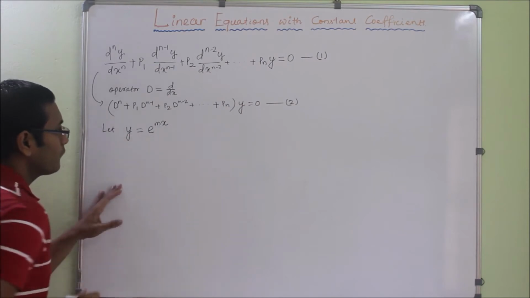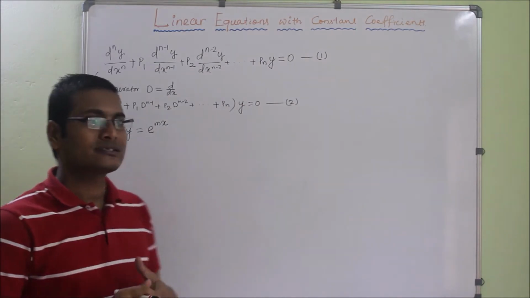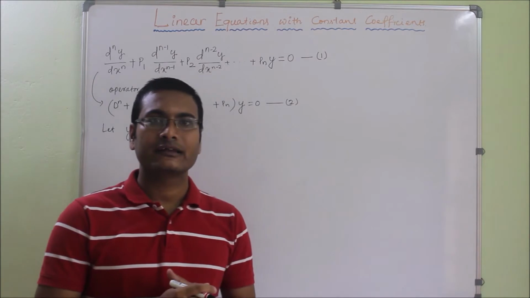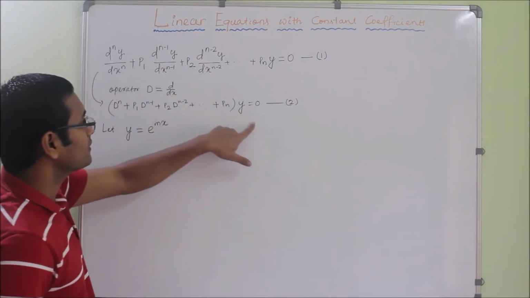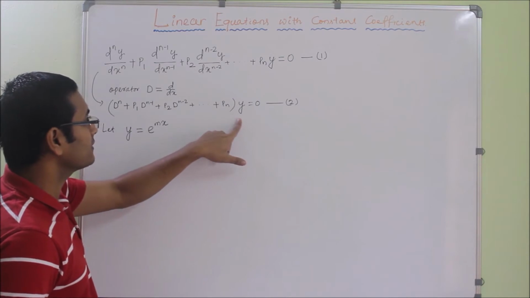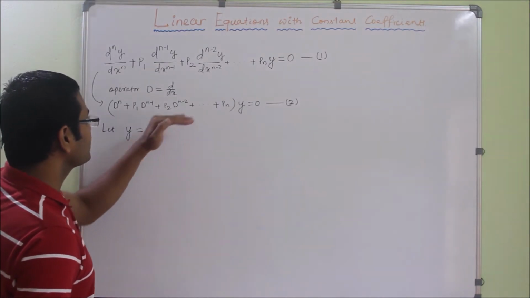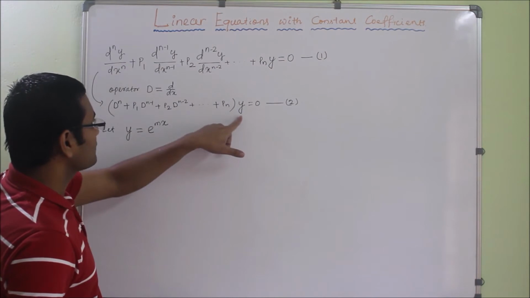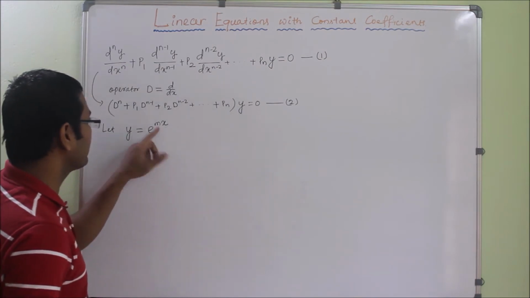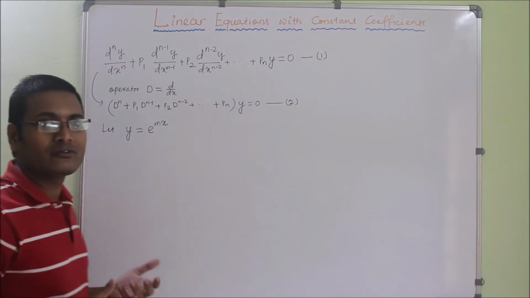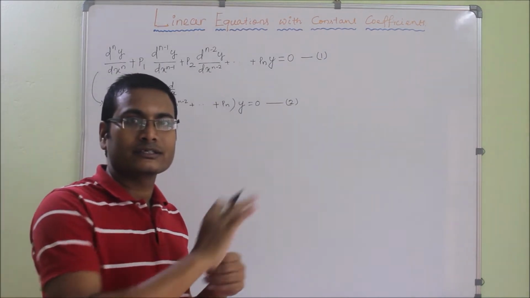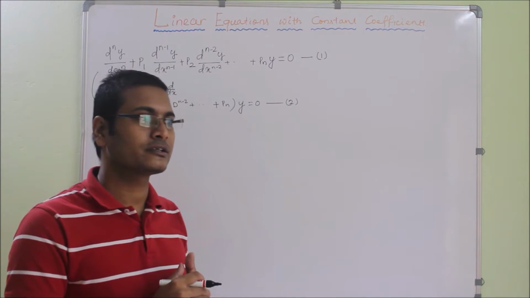If I take y as e to the power mx as the solution, it must satisfy this equation, yes or no? After putting e to the power mx in place of y, we can get the m value. Once we get the m value, we are done, and y equal to e to the power that m times x will be the solution.